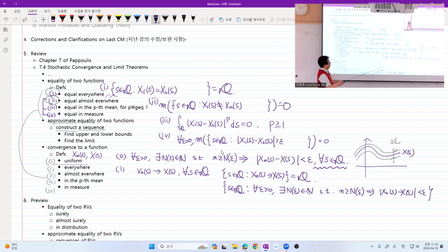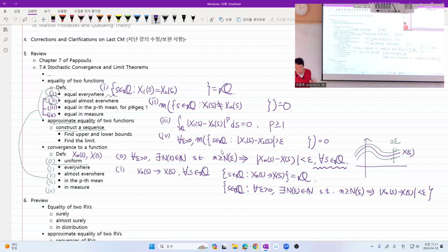But be careful, in order to show this convergence, actually, we can choose epsilon differently for each s. So this distinguishes the convergence everywhere from the convergence uniformly.